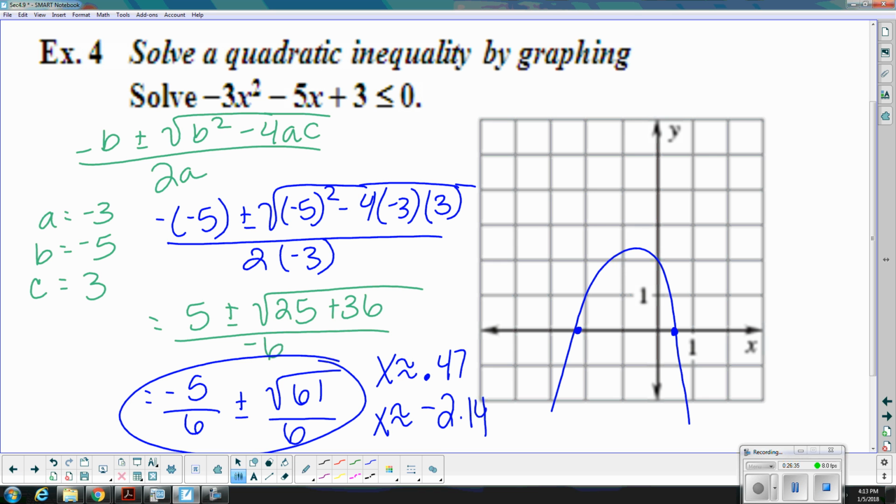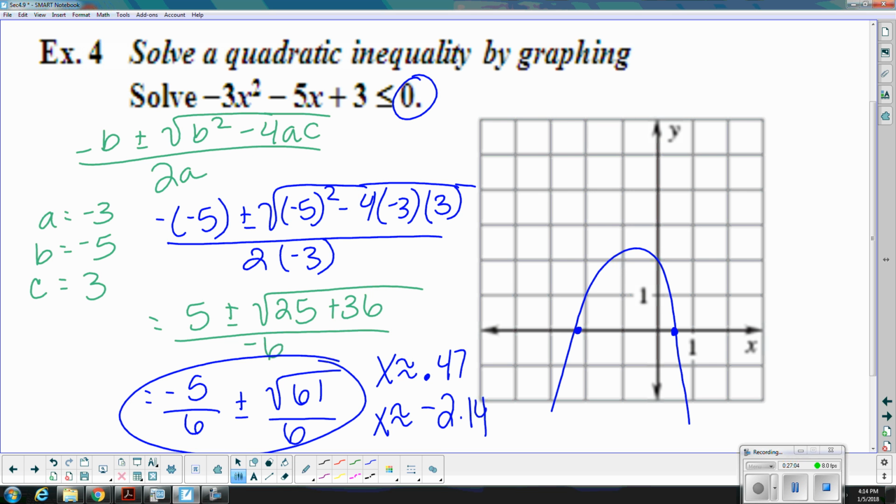So to solve this inequality, we want to know where this graph goes below the x-axis. So we're looking for, this really is our y. So when is y less than or equal to 0?